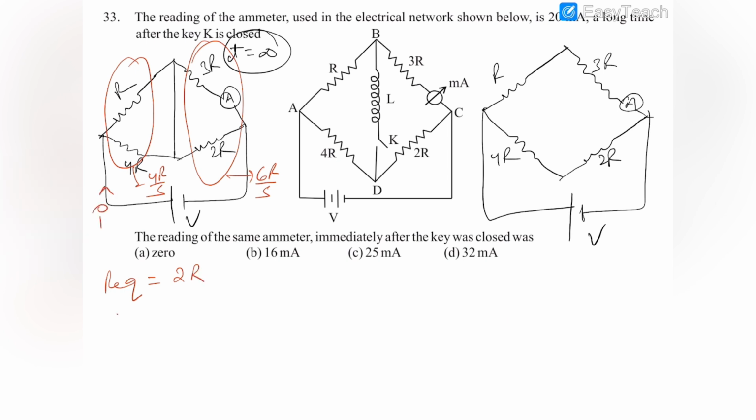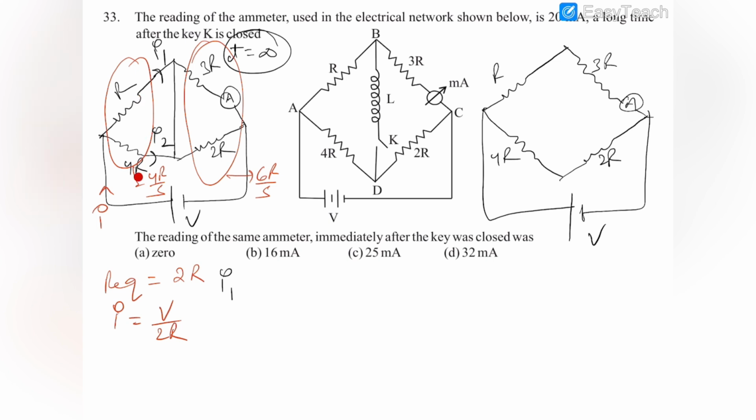Therefore the total current I is equal to V upon 2R, and the current flowing through the upper branch is I1 and through the lower branch is I2. We can use the current divider law to divide this current into these two resistances, taking the ratio, which is 1:4.